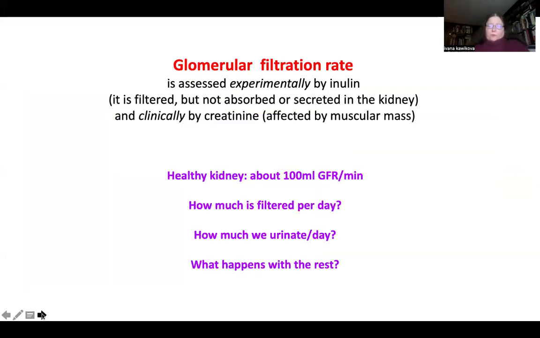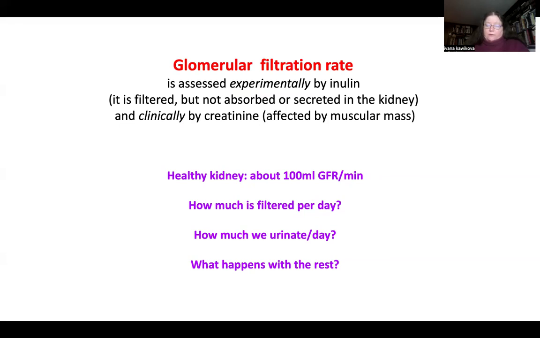So now we know that glomerular filtration in general is a result of starting forces on capillaries, and that we can affect them by bringing more or less blood or by proteins. Nevertheless, the rate of glomerular filtration in a healthy kidney is about 100 milliliters per minute.